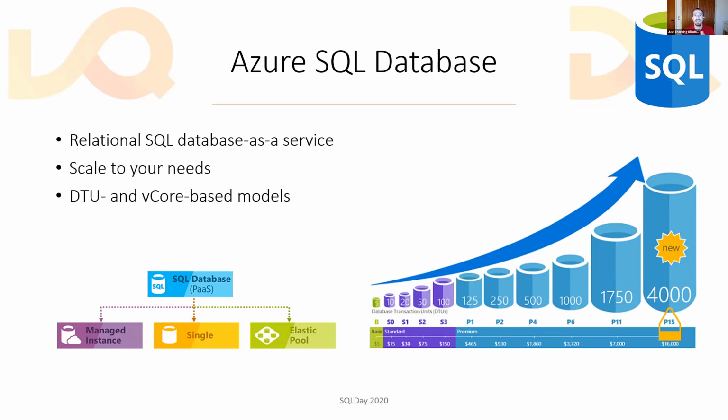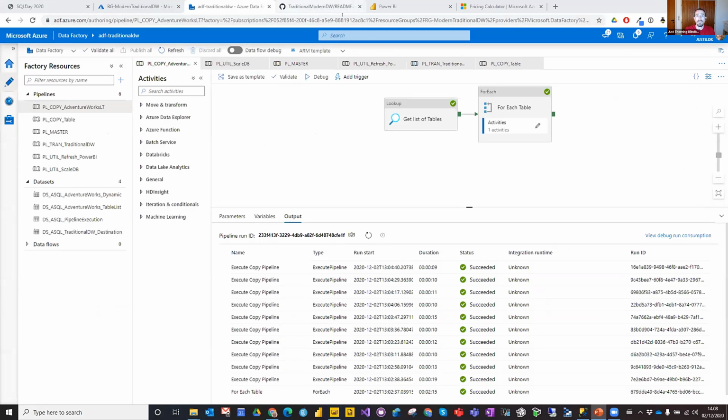If your solution is growing and growing, you're getting more and more data, sourcing more and more source systems into a data warehouse, then you can start with a DTU-based database and then convert it to a core-based model afterwards, and have a solution that can handle hundreds of millions of rows easily with a SQL database. Let's go in and have a look at that in the portal here.